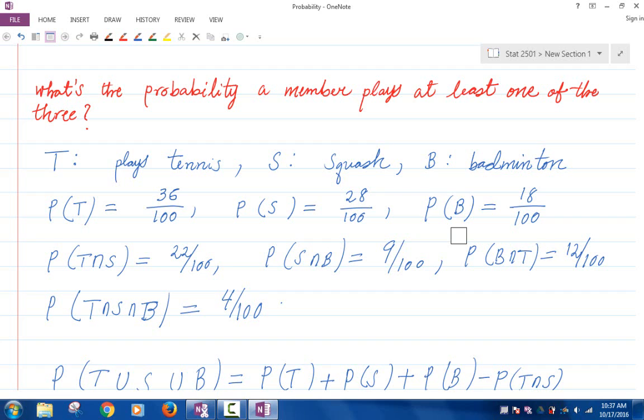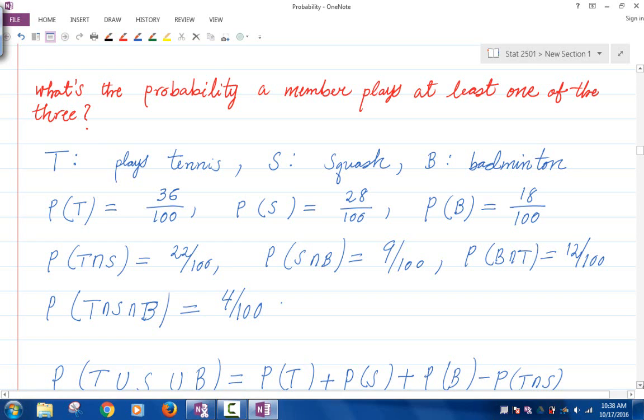So from that we come up with the probability of T and S, probability of S and B, and the probability of B and T. And lastly, the probability that a member plays all three of the sports is 4 out of 100, because there are 4 members who play all three of the games. Is everybody okay with that? Any questions on that?